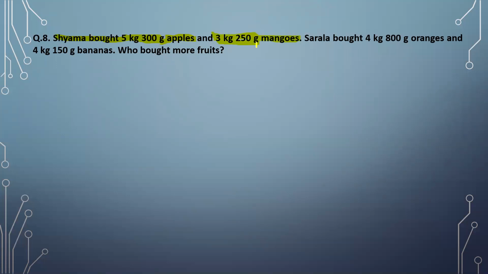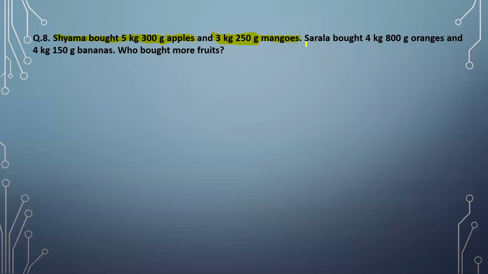So she bought two fruits. Shama bought two types of fruit, apples as well as mangoes, and the weight of those apples and mangoes is given. The apples are 5 kilograms 300 grams in weight, and the mangoes are 3 kilograms and 250 grams.